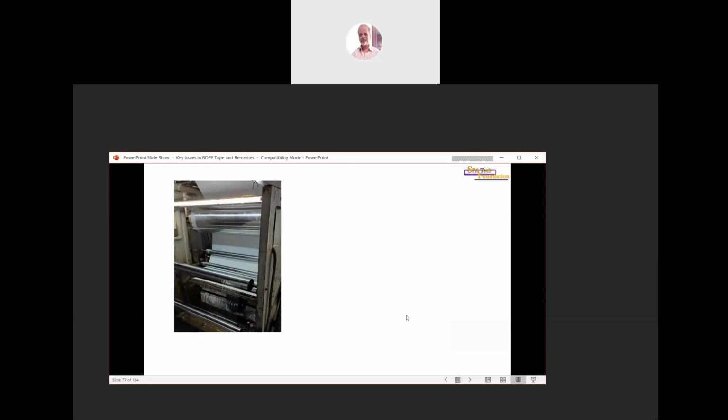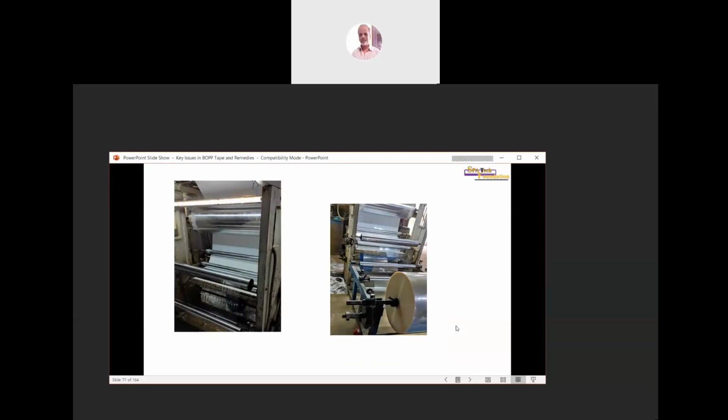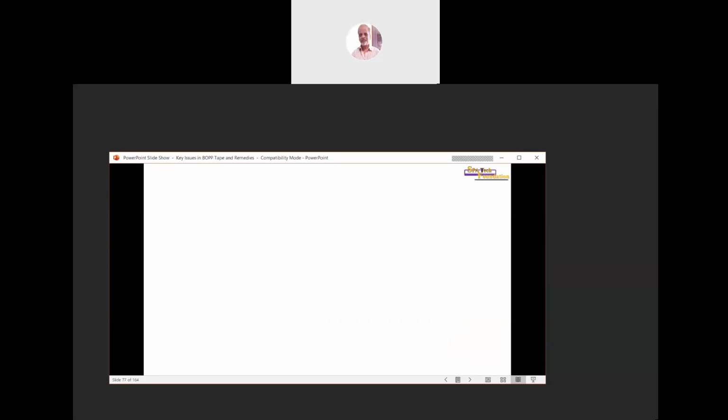Now here you can see the coating side of a BOPP tape. Here you can see it from another angle. This is how housekeeping matters a lot. You see a very shabby kind of housekeeping here. The adhesive is spread out at many places.